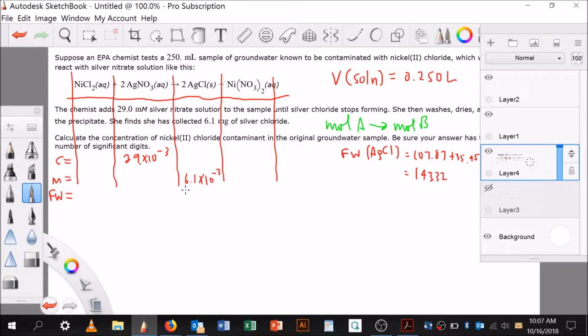But I'm not going to put the units in here because I'm being very careful to be consistent. 143.32 grams per mole, and that's going to give me my moles now.